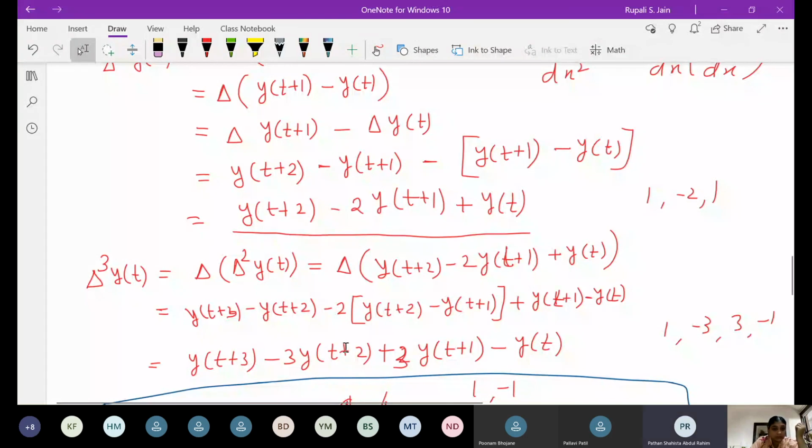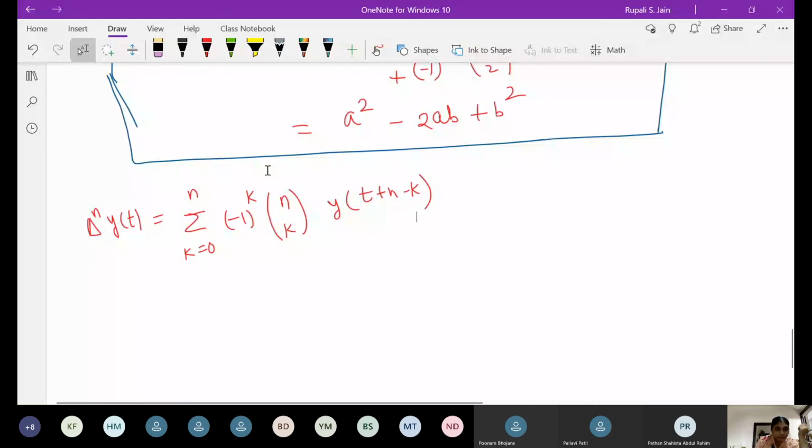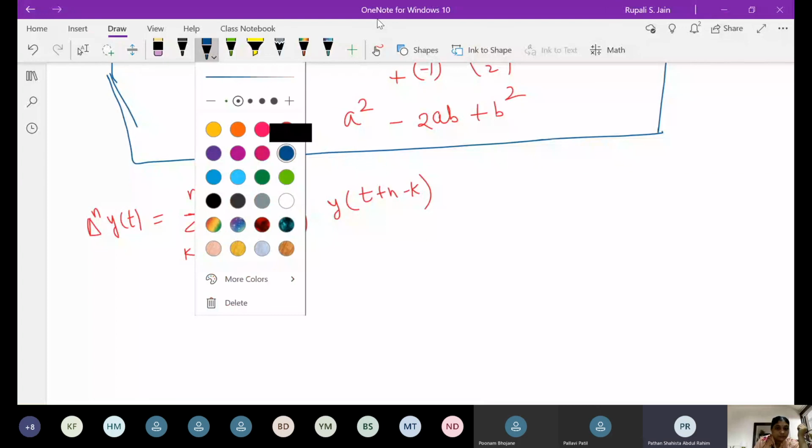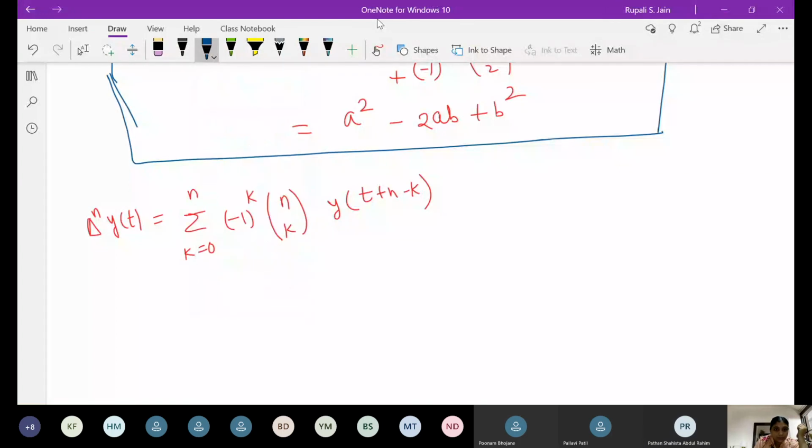So these are nothing but coefficients. This is my coefficient and this is my y at t plus n minus k.